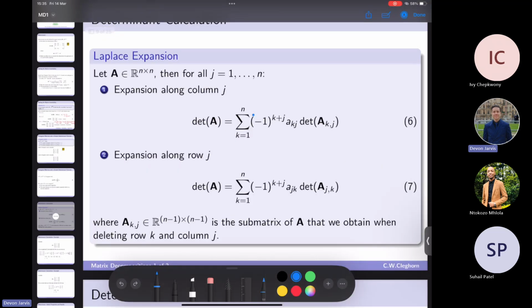And then for each of those terms inside the summation, we're solving for the sign out front. We're going to take that scalar multiple coming from the row and column that we're expanding along, and then we're going to take the determinant of the submatrix that remains. Okay, you can see that the notation here, AKJ, is the submatrix of A that we obtain when we delete row K and column J. It's always going to be 1 dimension less.